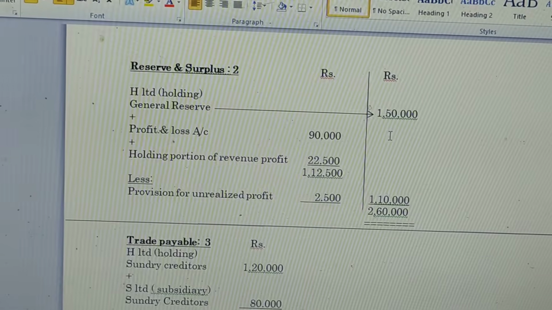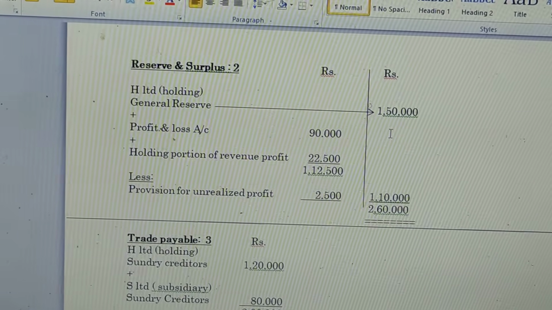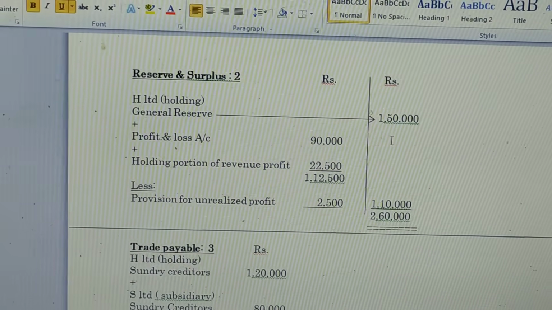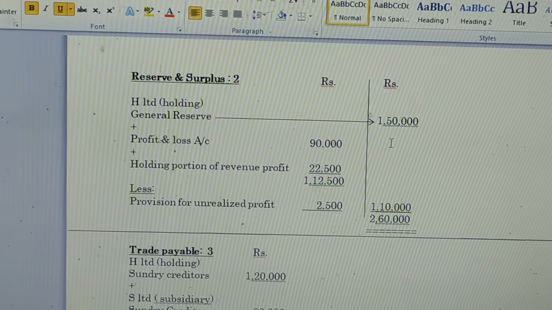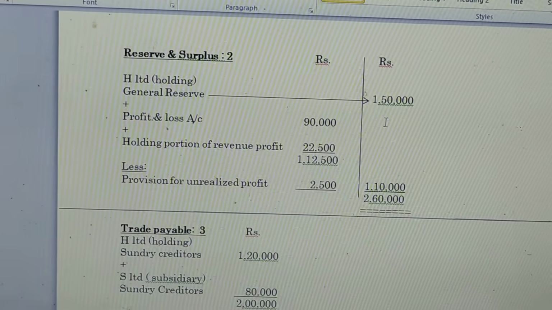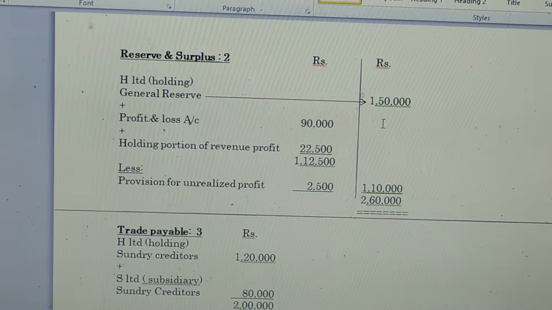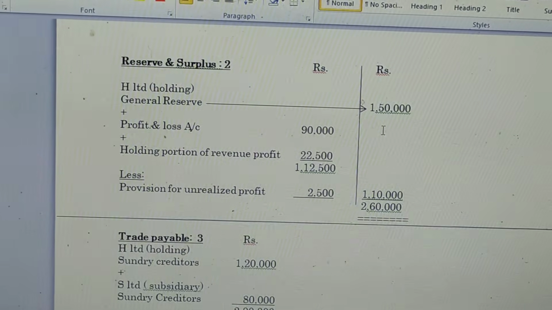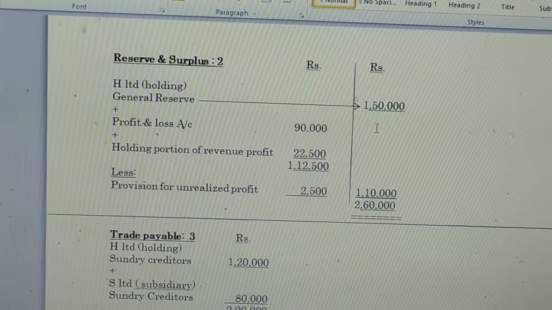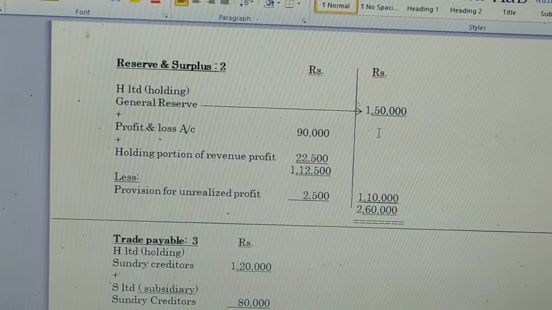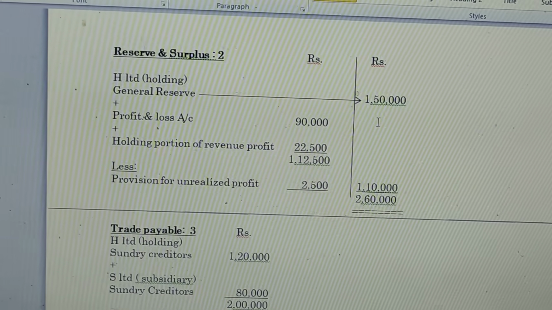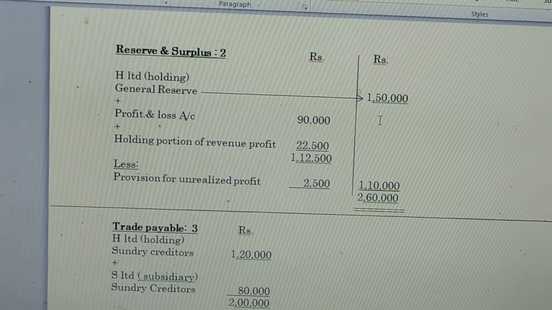The general reserve of H Limited is 1,50,000, plus the profit and loss account of H Limited is 90,000, which we have to mention in the inner column, plus holding portion of revenue profit 22,500, which we also mention in the inner column. Then add the inner column amounts 90,000 plus 22,500, we get the total of 1,12,500. Then we have to mention less provision for unrealized profit, which we have already found, that amount is 2,500.